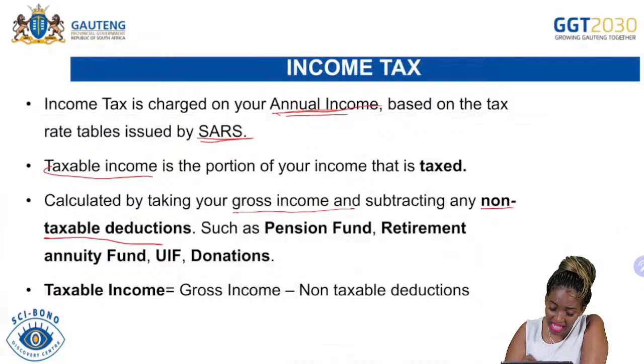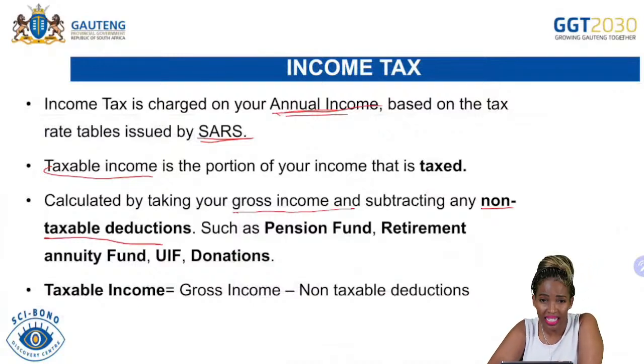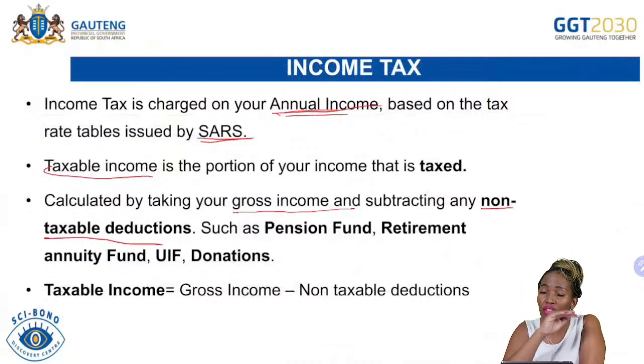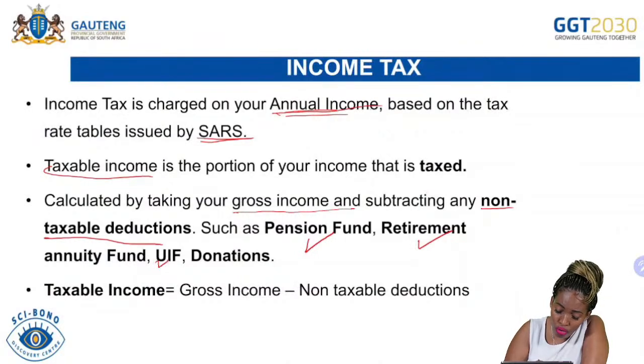Your non-taxable deductions are those deductions that will not be taxed. It means if you see those in your exam, before you even calculate your tax, you must first subtract those items. And what are those non-taxable deductions? It is your pension fund, your retirement annuity fund, your UIF, and your donations.